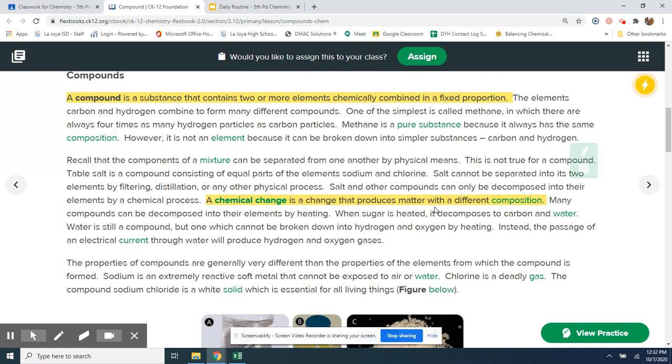I need to pass some electrical current. So if I have water plus electricity, I'm going to get back the original elements. And there's actually a video that shows you how that's done. But this guy is different than this guy, which is different than this guy.